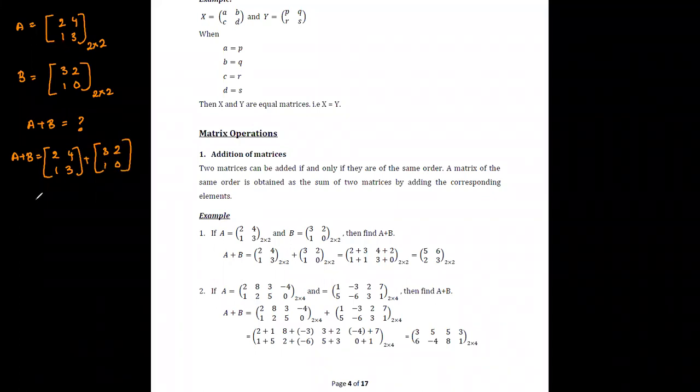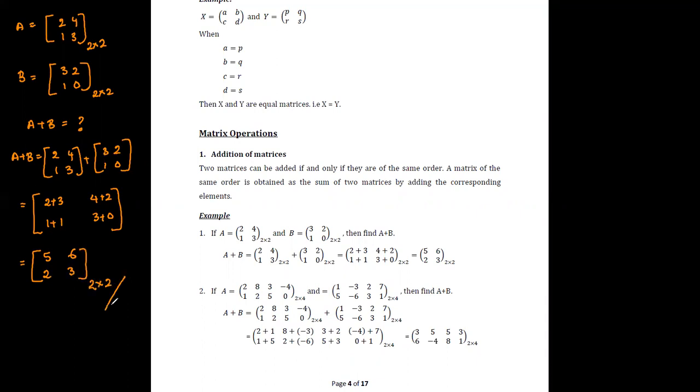We add the corresponding elements: 2 and 3, 4 and 2, 1 and 1, with 3 and 0. Once you perform this calculation, you will end up with 5, 6, 2 and 3. This is a 2 by 2 matrix.